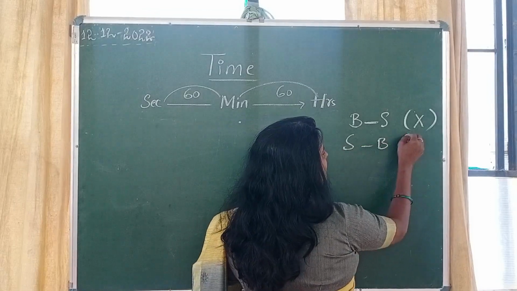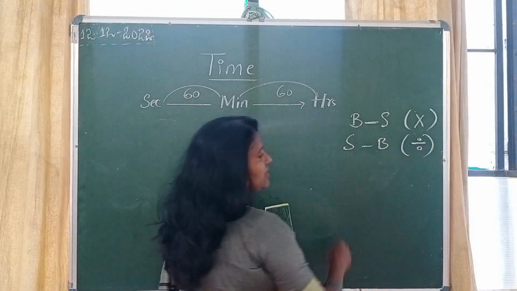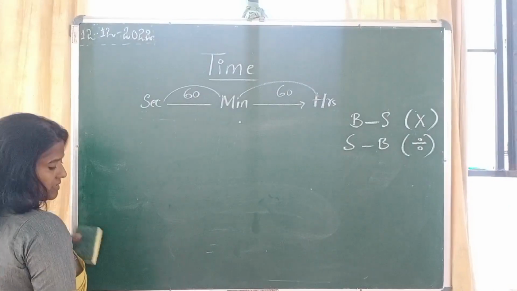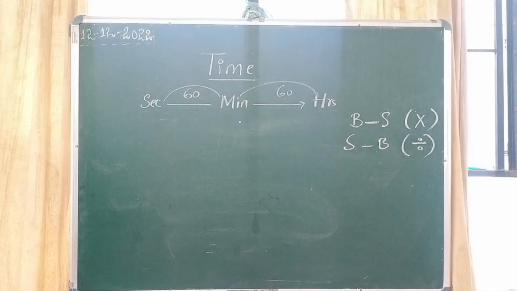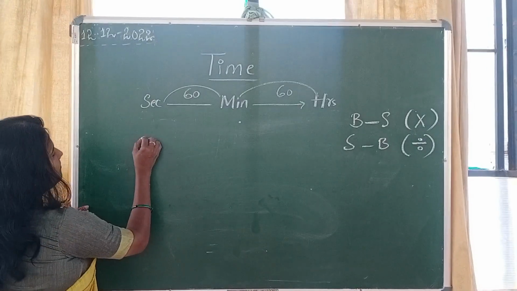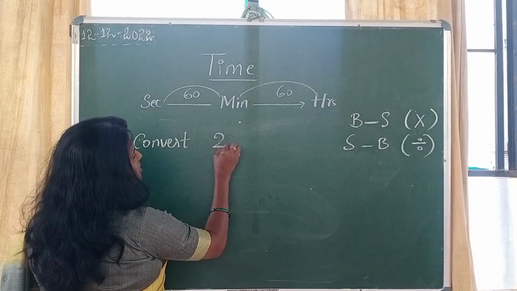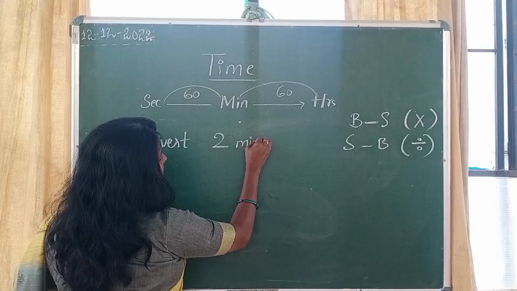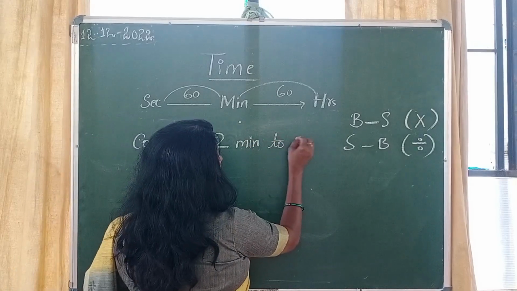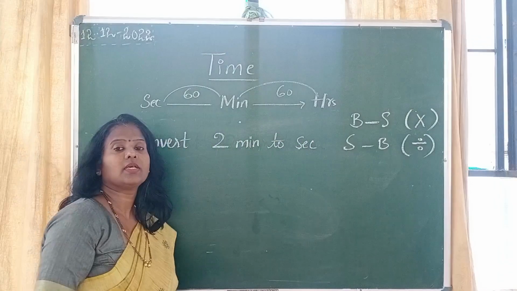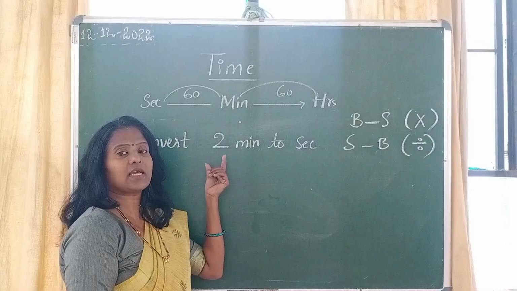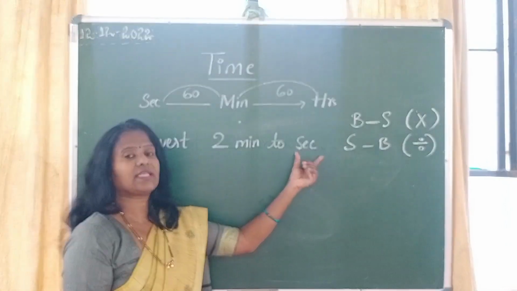Smaller to bigger, it is division. Now see here. The question is: convert 2 minutes to seconds.